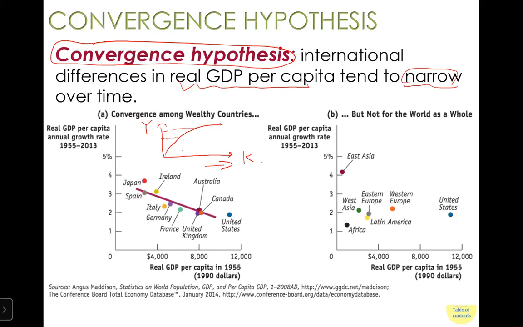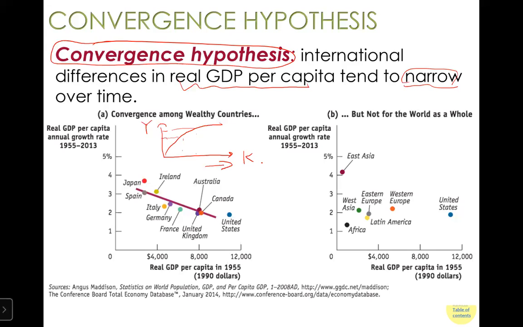Just think about track and field. You have one person who runs faster than the other. But the more you run, the more tired you feel, and you slow down. Eventually, the other person behind you will catch up. That's the story of the convergence hypothesis, and again, it comes from the diminishing return to physical capital.